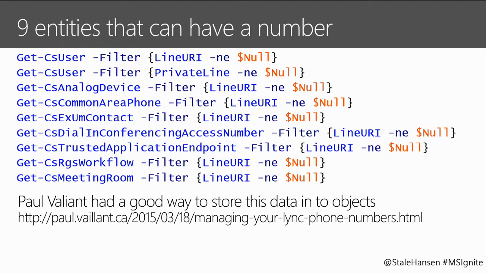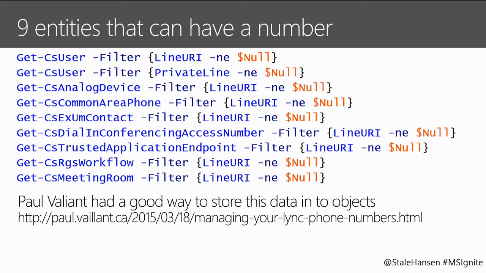So private line is all about giving a number to a user that is not visible within the organization. But you can give it out to any external user and they can call you and it breaks through Do Not Disturb and so on. So you can give it to your spouse or you can give it to this VIP. But you have that option, and we need to document and capture that number as well.